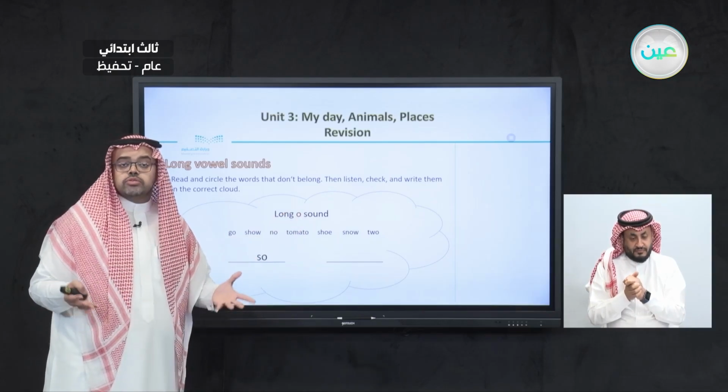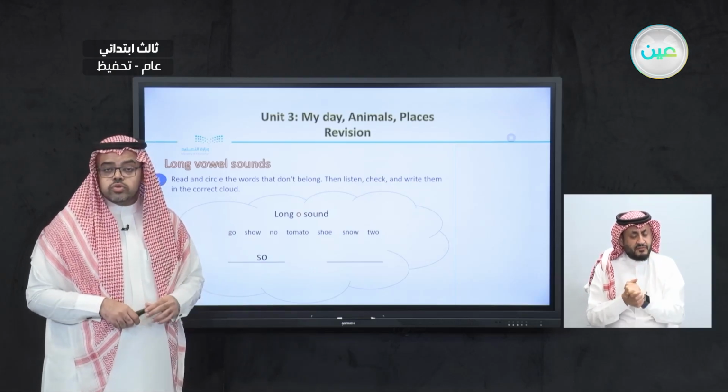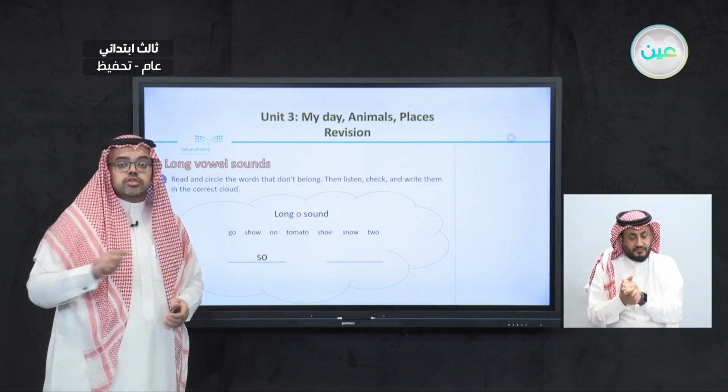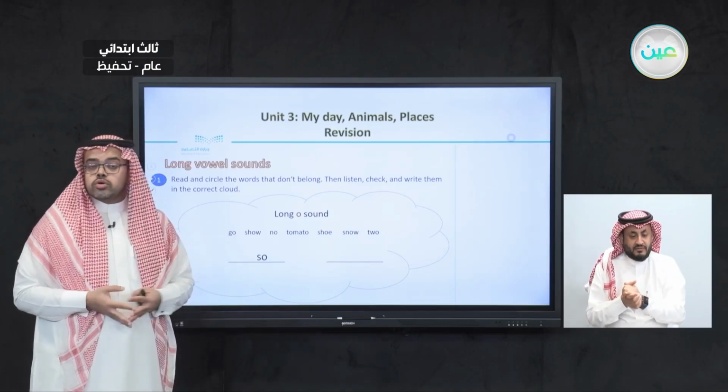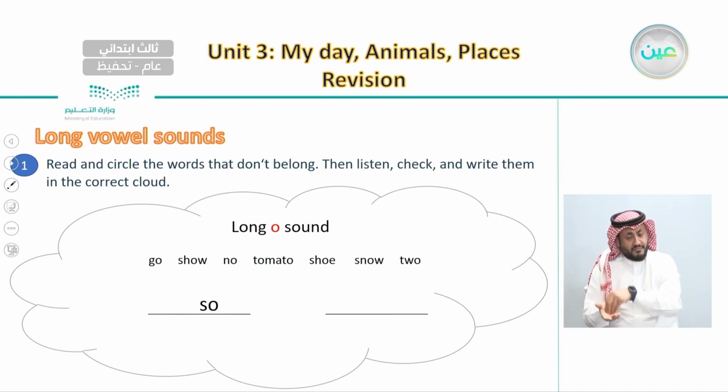If we have words that do not have the same sound, we just circle them. Then we bring a word from the other cloud and put it here. So here, for example, we have the word so.